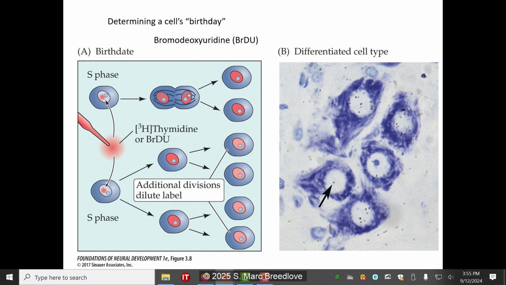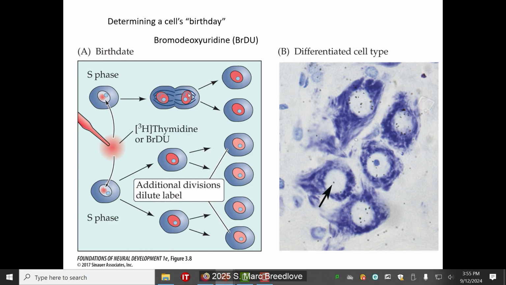And so you can inject radioactively labeled thymidine into, say, a pregnant rat when you know her offspring are in the 12th day of gestation. In those fetuses, any cells that are dividing are going to suck up a bunch of that radioactively labeled thymidine.